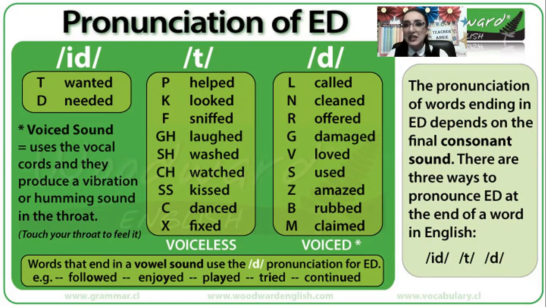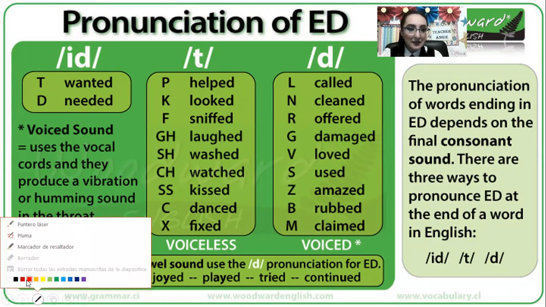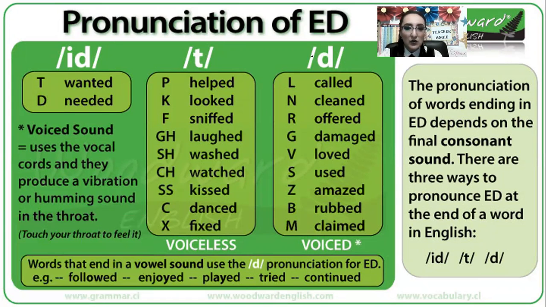What are those letters? Well, actually, you can see them here. These are going to be those letters that are going to be voiced with a vibration on your vocal cords, a humming sound.